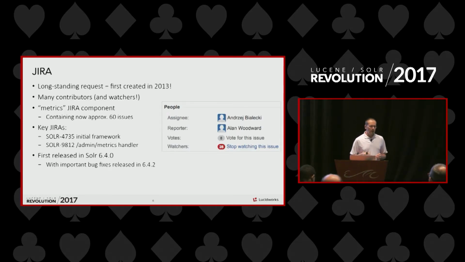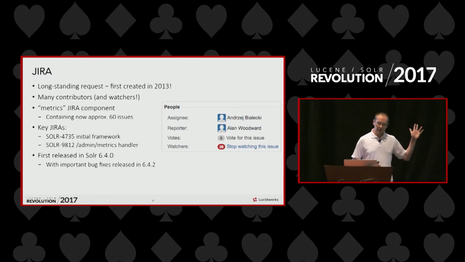There has been a Jira issue to add detailed metrics to Solr. It's a long-standing request. It was first created in 2013. And there have been many contributors over these last 4 years. Currently the Jira component, which is a group in Jira that groups related issues, has approximately 60 issues that deal with metrics.